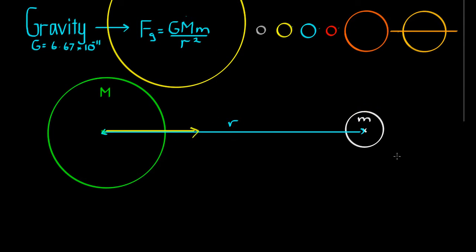I'll pop in an arrow there. And that is the force of this mass on this mass here. Now if you were to ask the force of this mass on this mass, you get an equal arrow in the opposite direction. And that obeys Newton's third law: for every action there is an equal and opposite reaction.